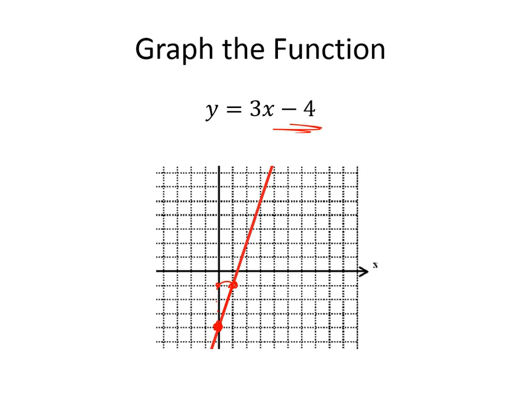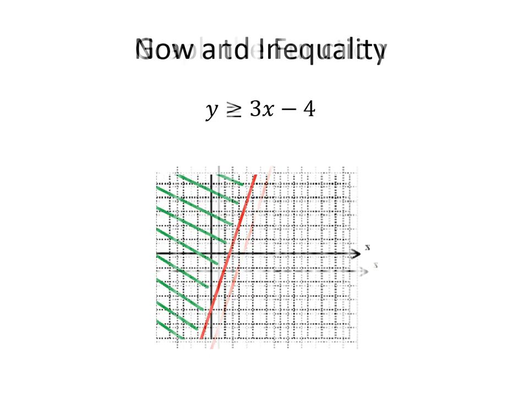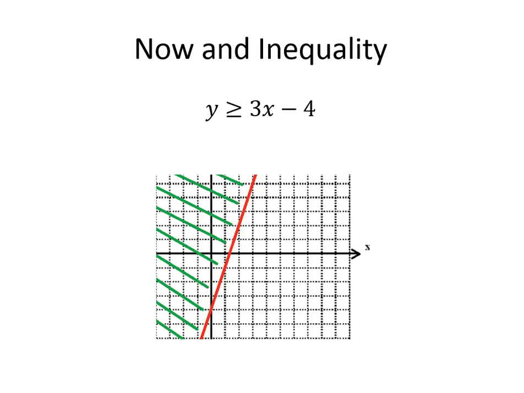Now if we want to take this and put an inequality onto it, we're going to be shading. Anywhere in this green region, if you pick any point there and plug it into this inequality, it's going to come up true. So let's look at the point 0, 0, right there at the origin. It's in that green section.